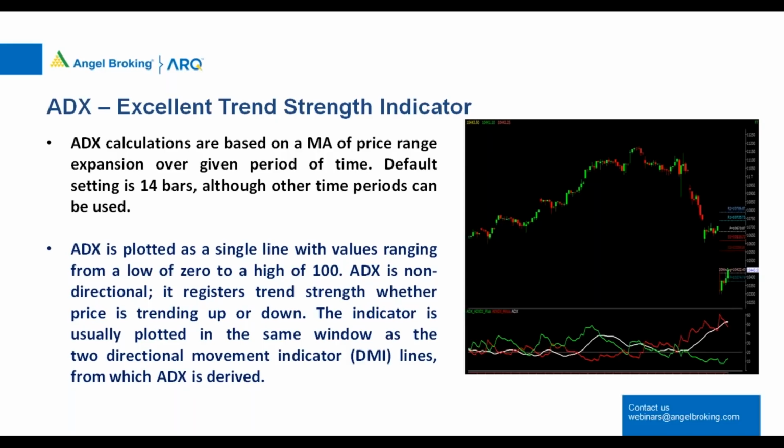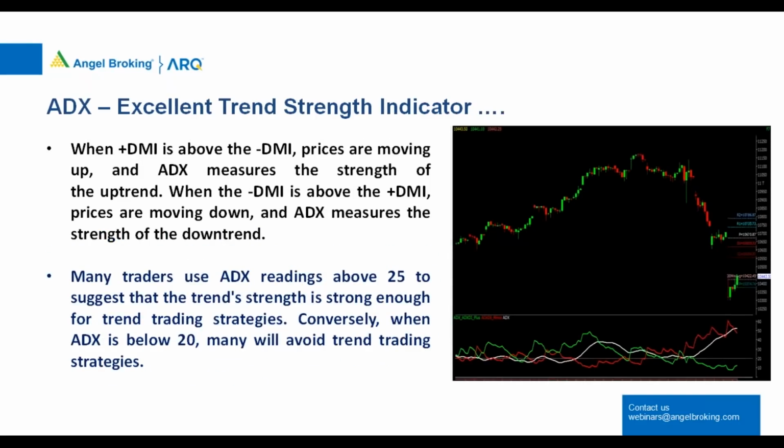ADX is plotted as a single line with values ranging from a low of 0 to a high of 100. And ADX is non-directional, which means that even in an uptrend, the ADX will move up, and even in a downtrend, the ADX will move up. So it's not that it will go down in a downtrend.